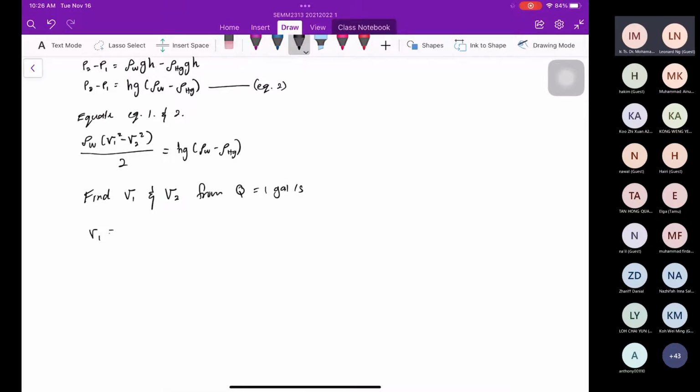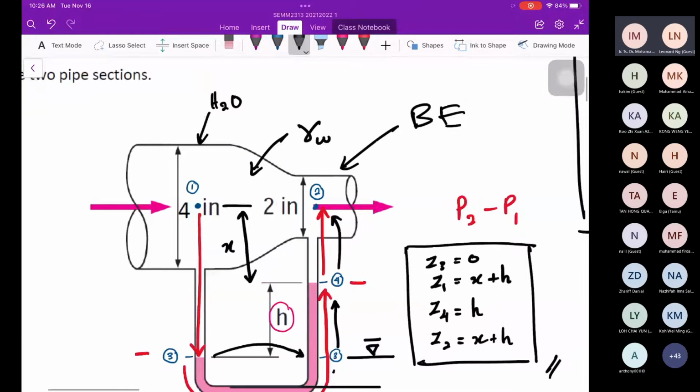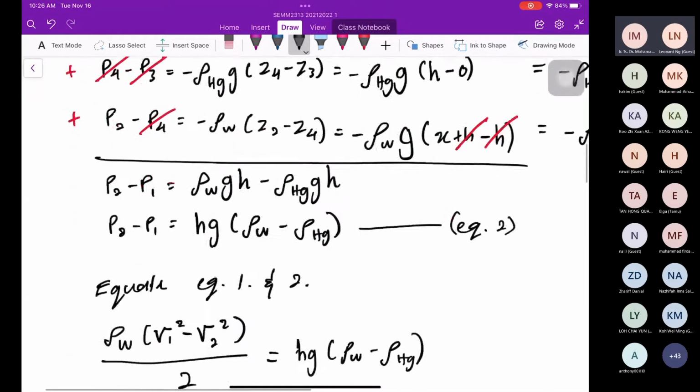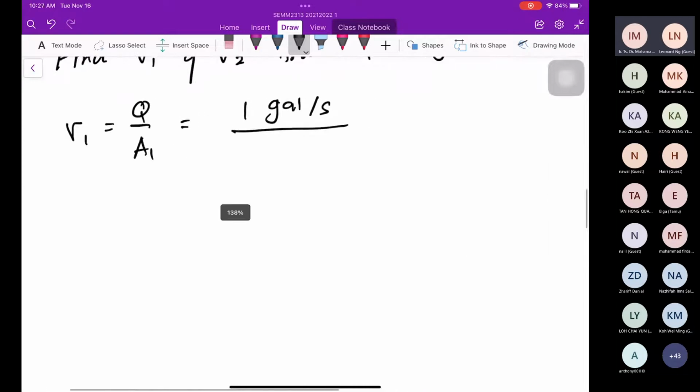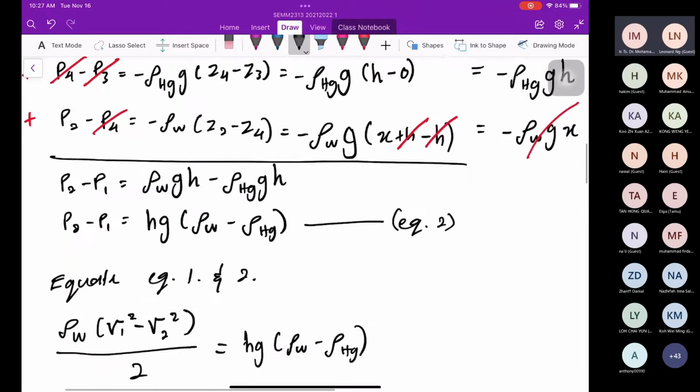So V1 equal to Q over A1, right? So 1 gallon per second divided with area. Area here, it is circular. So using pi d squared over 4.